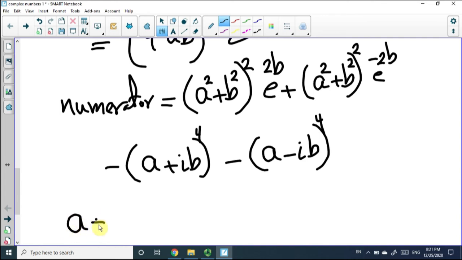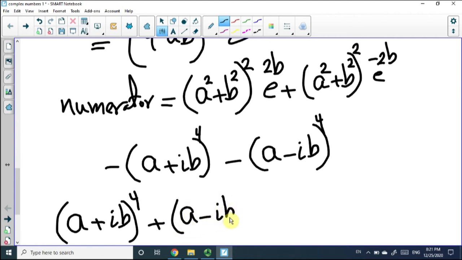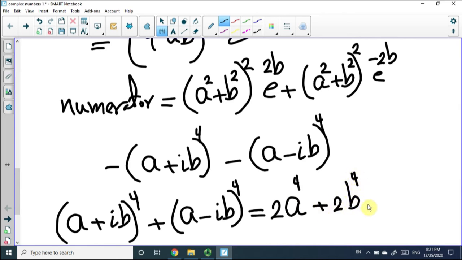Prove that a plus ib to the power 4, so we can expand this, plus the second term, which is a minus ib to the power 4, the answer is 2a to the power 4 plus 2b to the power 4 minus 12 a squared b squared. I'm going to leave this for you to prove. And notice that the answer is real, as it should be, because the whole numerator should be real.